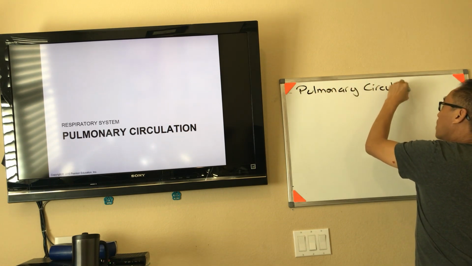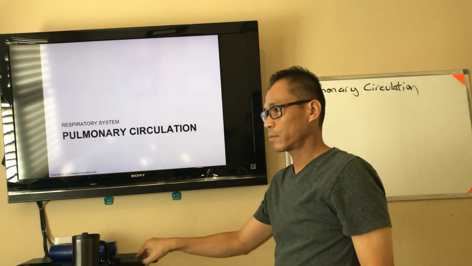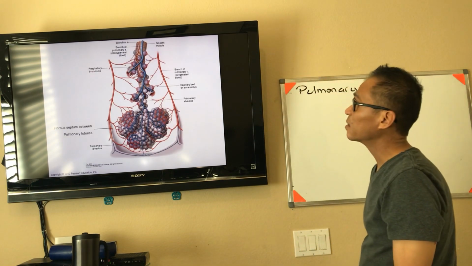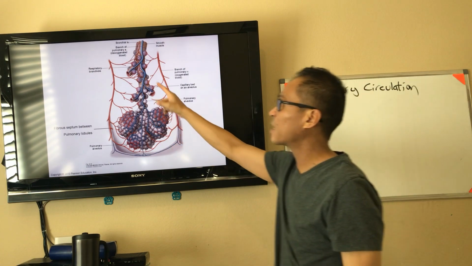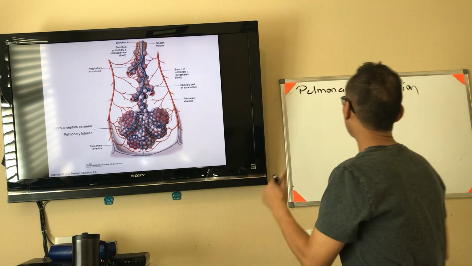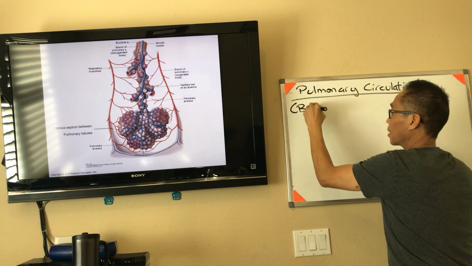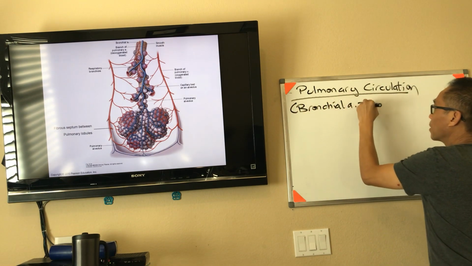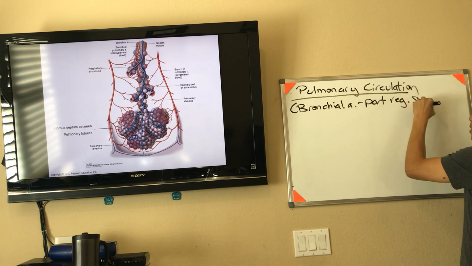Now, I should be able to be quick about this because we covered pulmonary circulation, the heart and the blood vessels, but we never had a picture like this. Note that this tissue needs a regular blood supply, and that's the bronchial artery right there, supplying blood to all this tissue here. That's not a part of pulmonary circulation, so I'll put it in parentheses. It's just part of regular systemic circulation.